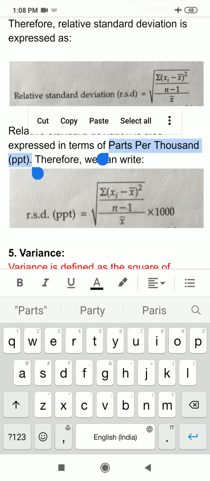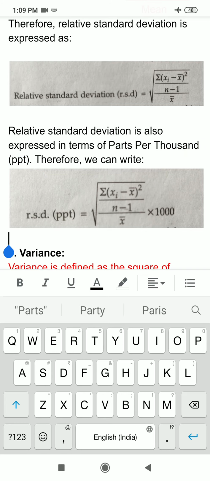What I have to do is simply multiply relative standard deviation by 1000. So our expression will become relative standard deviation in PPT is equal to under root of summation xi minus x bar raised to power 2 divided by n minus 1, divided by x bar, into 1000.